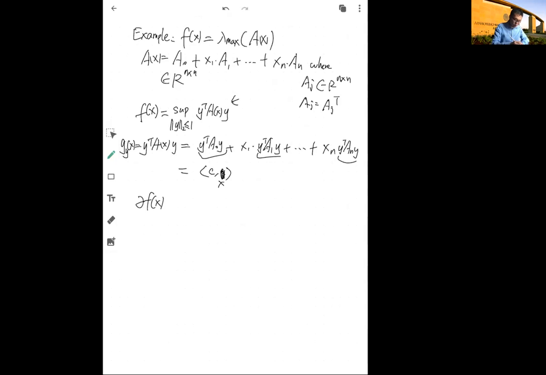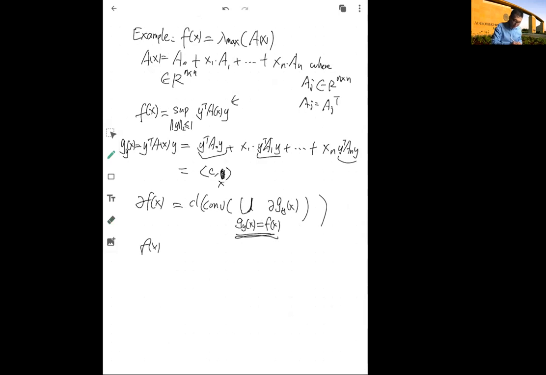Notice that this is the closure of the convex hull of the union of all the subdifferentials of g_y(x), indexed by y, where g_y(x) equals f(x).